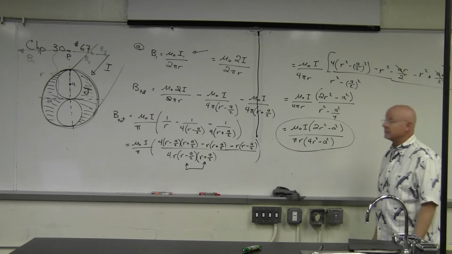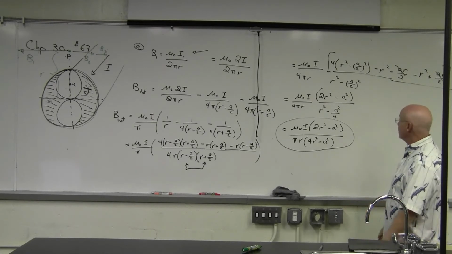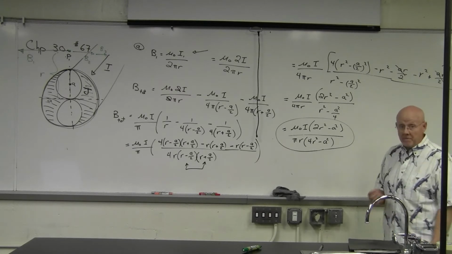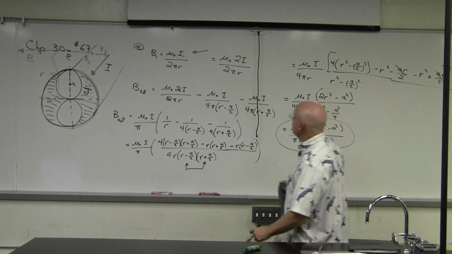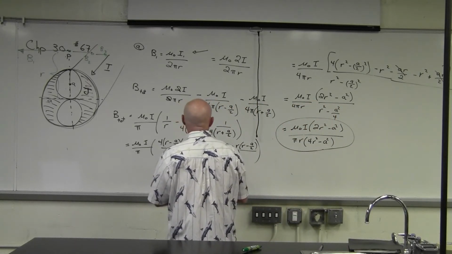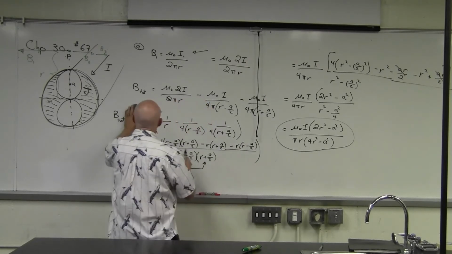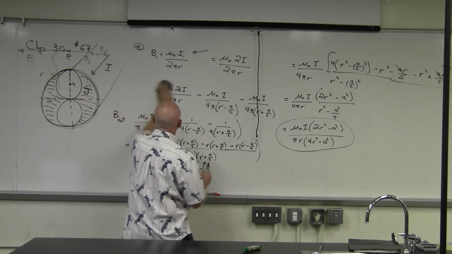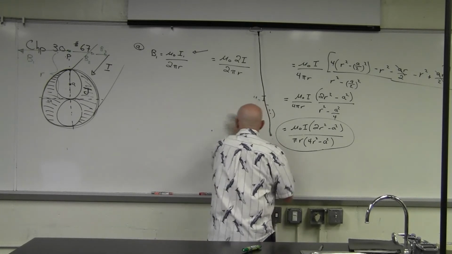Okay, now, with that in mind, let's play the same game for part B. Part B, then, and to make life a little different, why don't I clear off the board here of all this algebra.